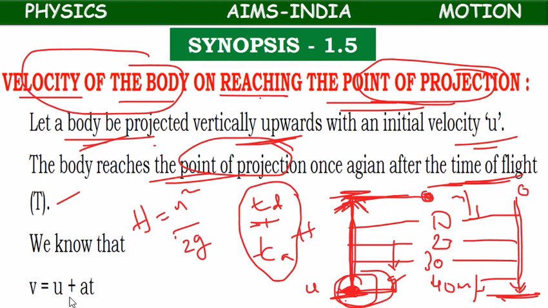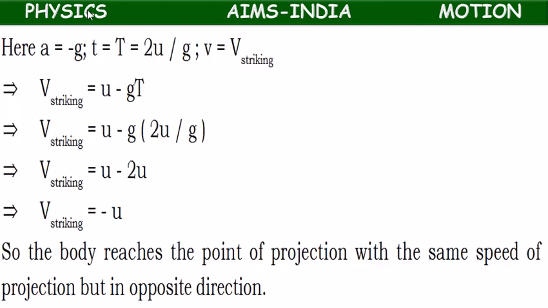So we know that v equal to u plus at. We already know this formula. Because the body is going up and gravity is acting downwards, they are opposite, so gravity is taken as negative.